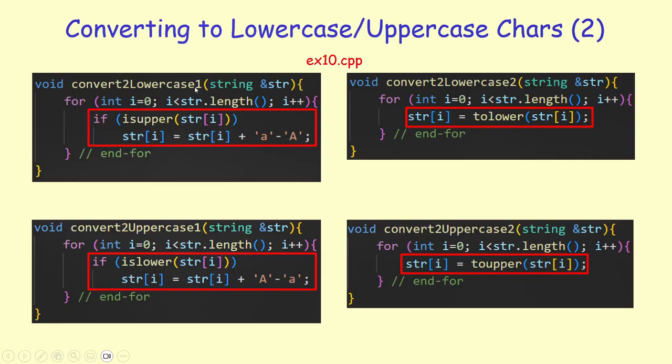This is convertToLowercase1. It takes a string by reference so that any changes that I make to the string will be reflected in the calling environment. I'm basically saying if the character is an uppercase character, by testing isupper, then I'm doing the computation myself.